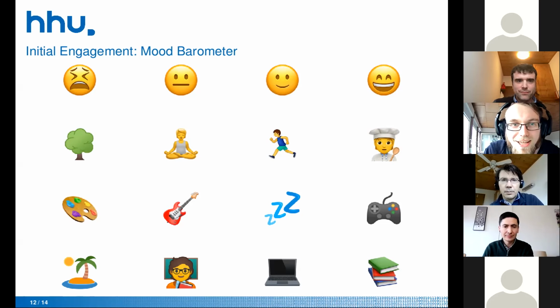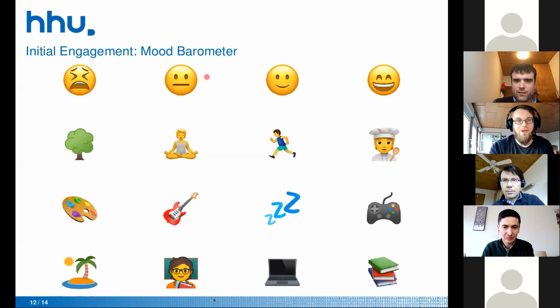But basically, everyone is able to just point to it on the slide and can give an idea of how they are feeling, whether they are happy, whether they are stressed, what they want to do instead, or what they want to do after the lecture. Whether they want to play some video games, want to do some sports, whether they want to go on vacation.